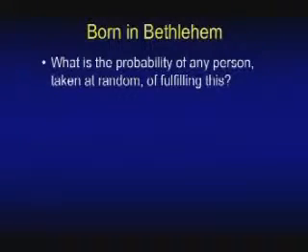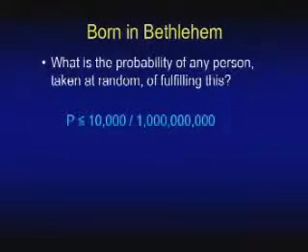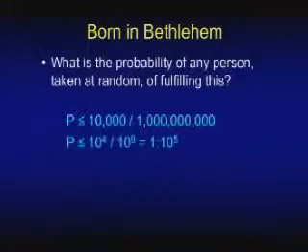Obviously in Bethlehem. Question. What is the probability of any person taken at random over the last few thousand years of fulfilling this one? If the population of Bethlehem is less than 10,000 during that period of time, and if there's an average of, say, 1 billion people on the planet Earth, just picking that number out, if we divide that out, there's about one chance in 100,000 or less that a person that you pick at random is born in Bethlehem.